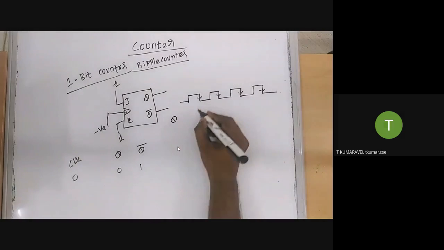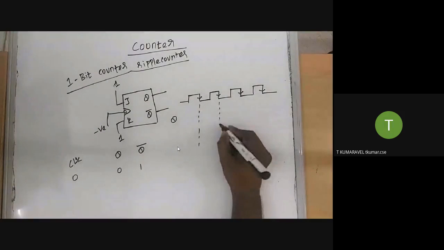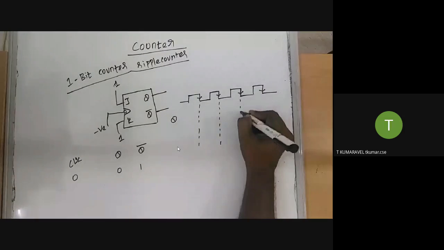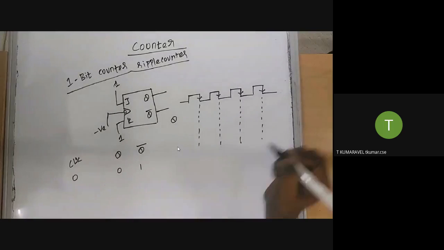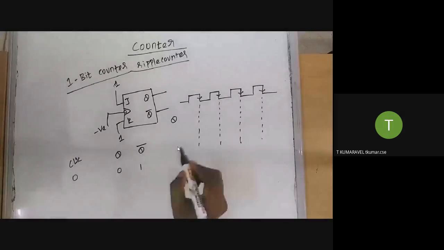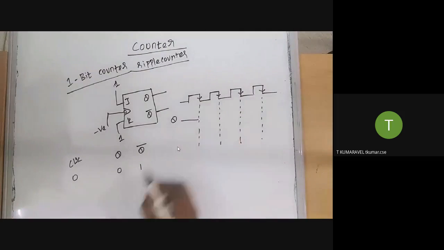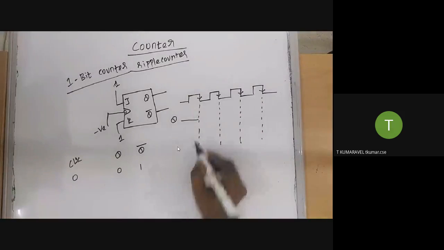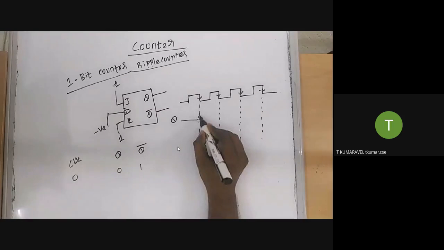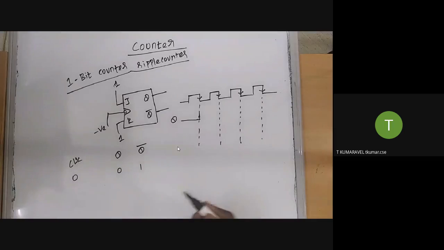Whenever the negative edge occurs, that time only the state of the flip flop will change. What is the initial value of Q? For our assumption, 0. This is called a negative edge. Whenever the negative edge occurs, the state of the flip flop will change.